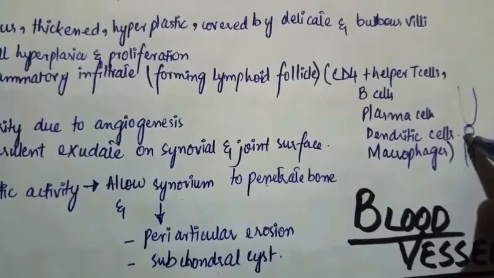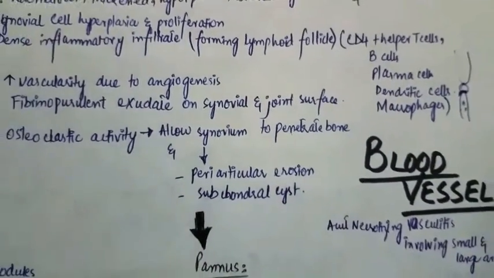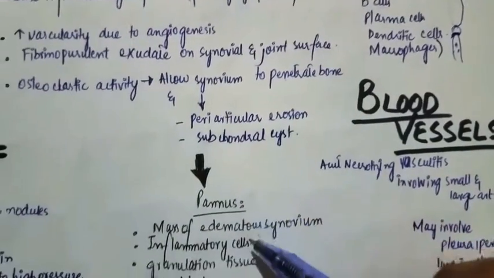There is also damage to this periarticular cartilage, and all these changes will lead to the formation of the pannus.